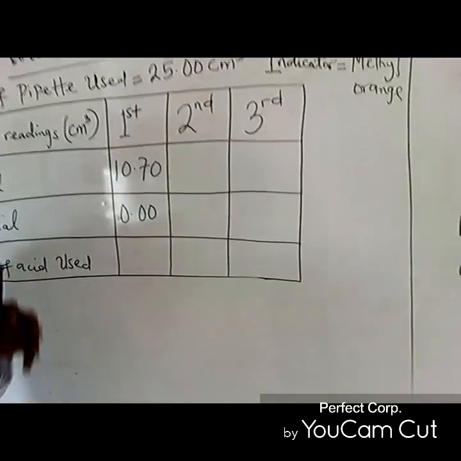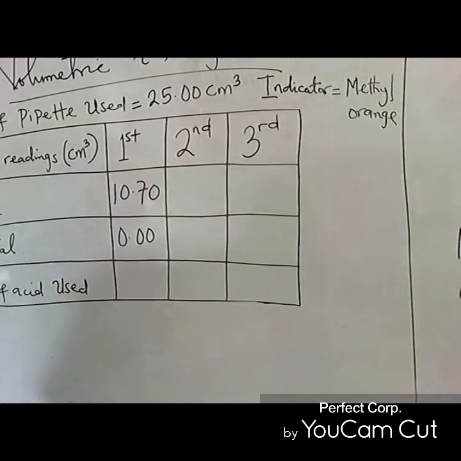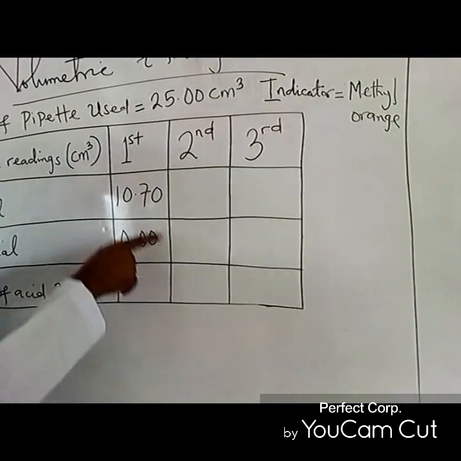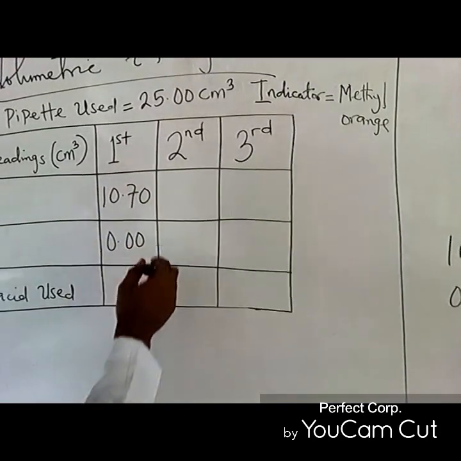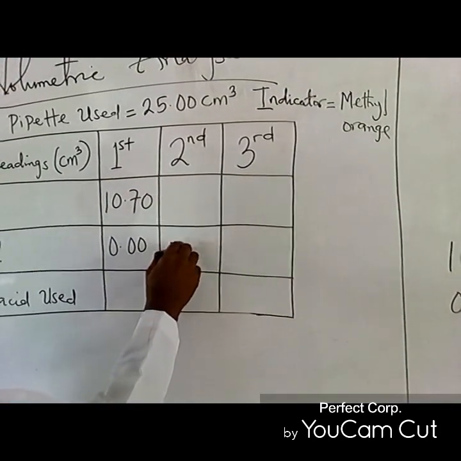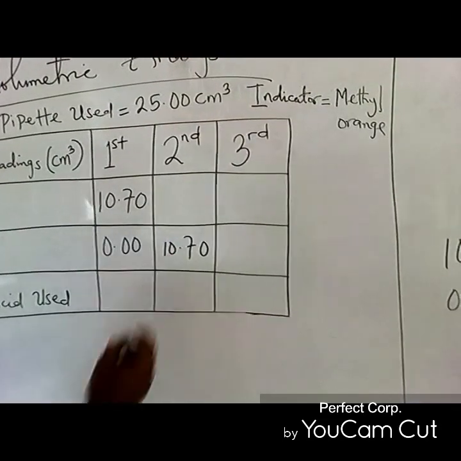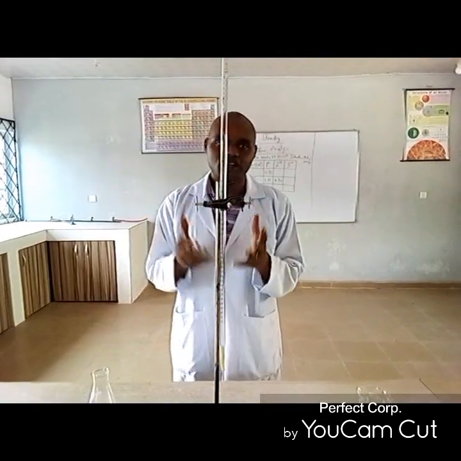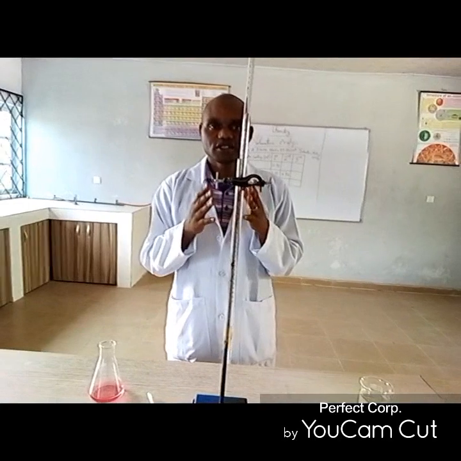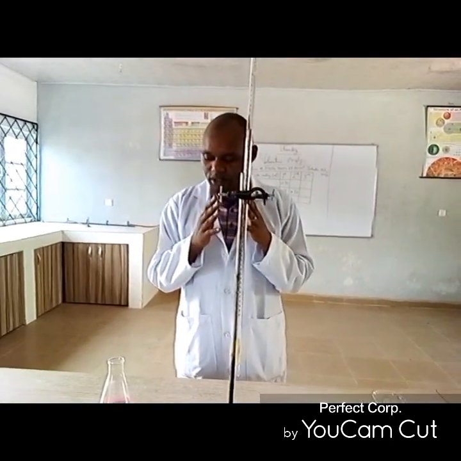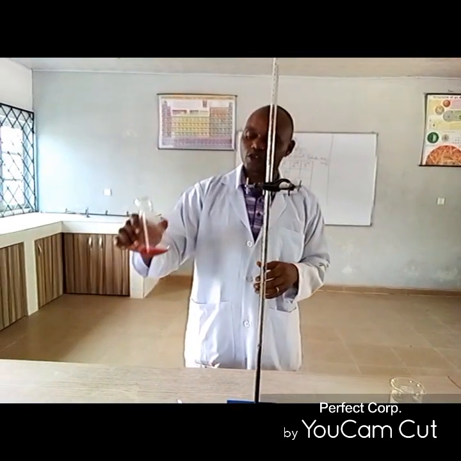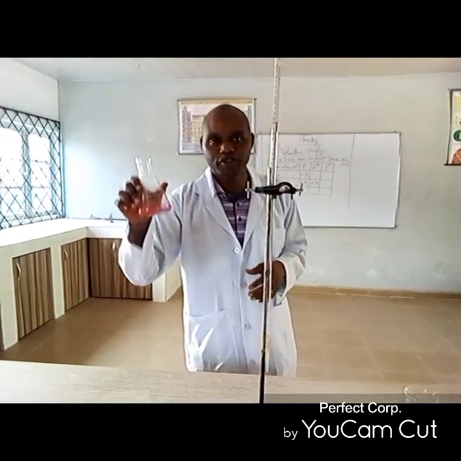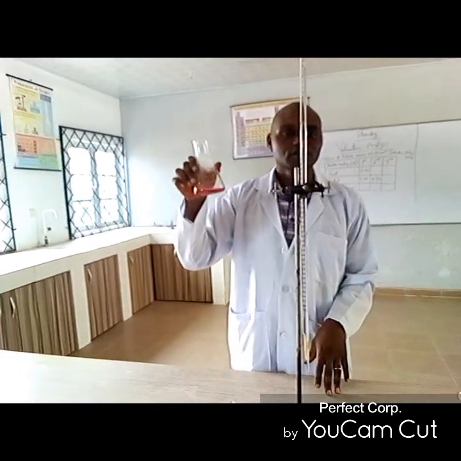But for the sake of this practical, I want to make use of this as my second initial reading. So my second initial reading will be 10.70. So for us to start the second titration, please don't forget, you have to throw this previous solution away.